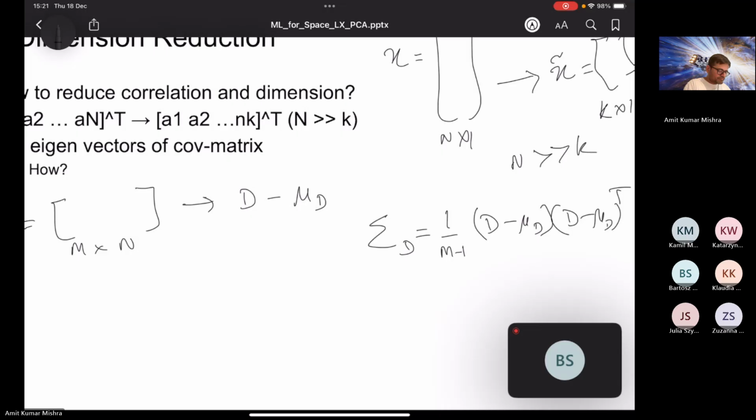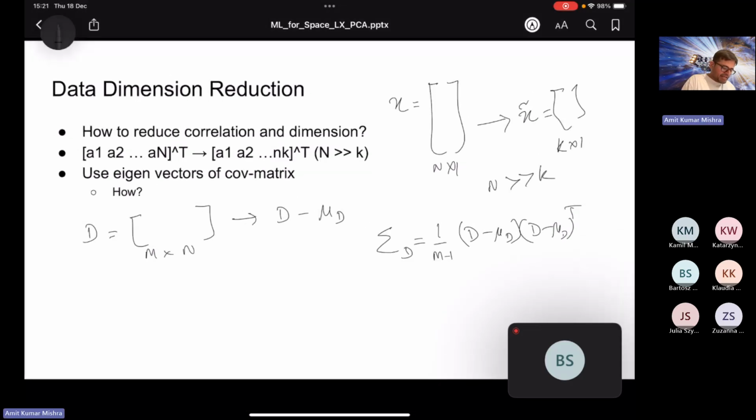D minus mu D has dimension m cross n, and the transpose will be n cross m. So the dimension of the covariance matrix sigma is m cross m, right? Now if you find its eigenvalues and eigenvectors, you will get m eigenvalues and m eigenvectors.